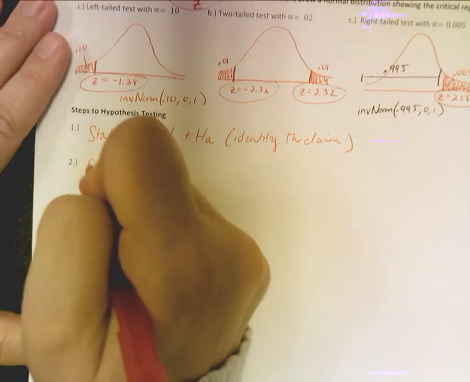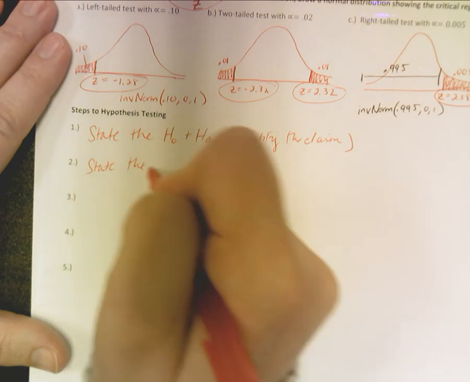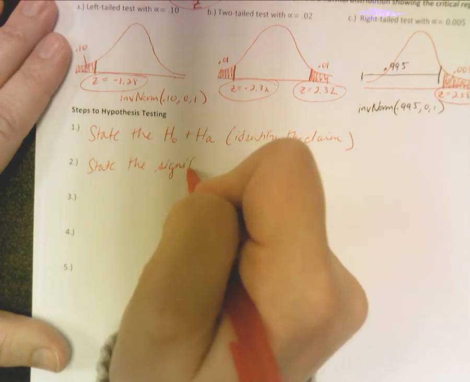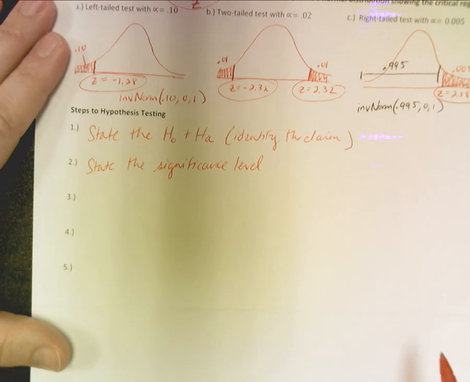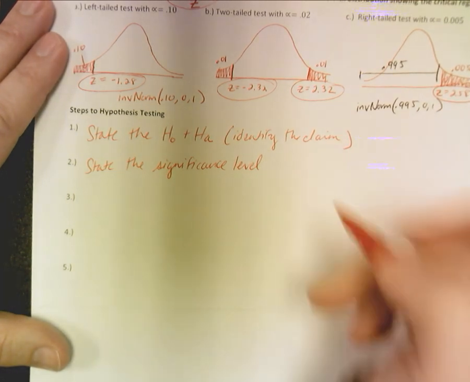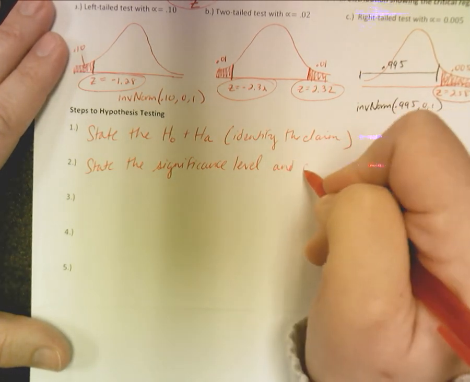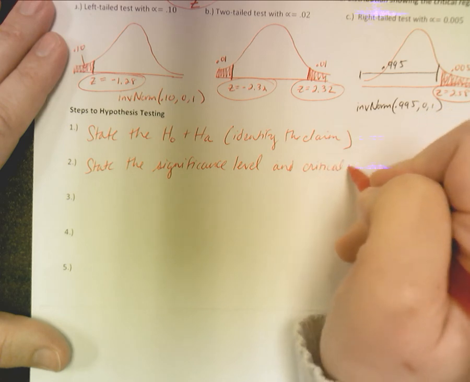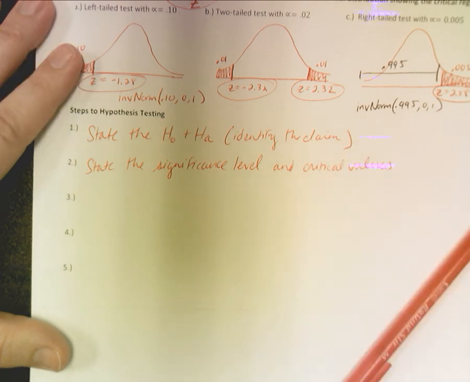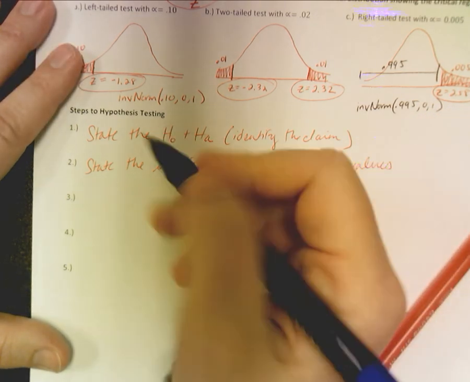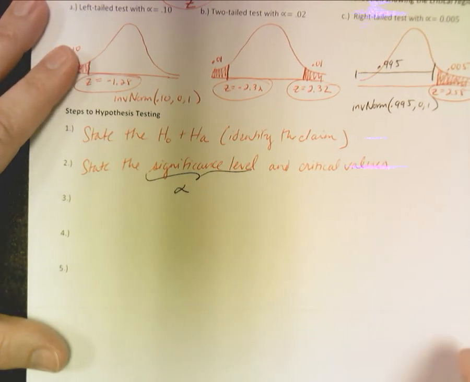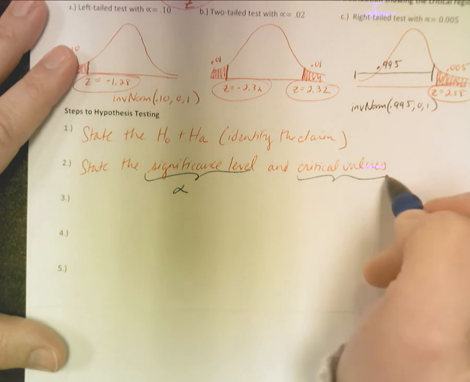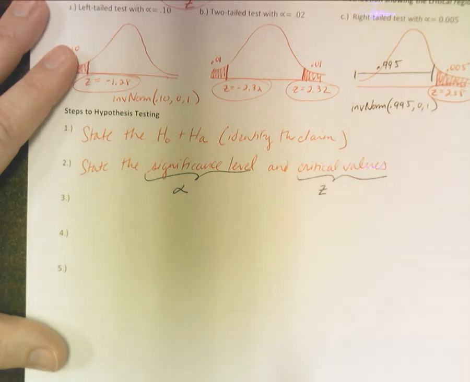Step number 2, you state the significance level that you're using. You're going to choose your own significance level in your project. And you want to find critical values, those Z's, okay? So significance level, what is that? That is your alpha, okay? Critical values, that is your Z, okay?